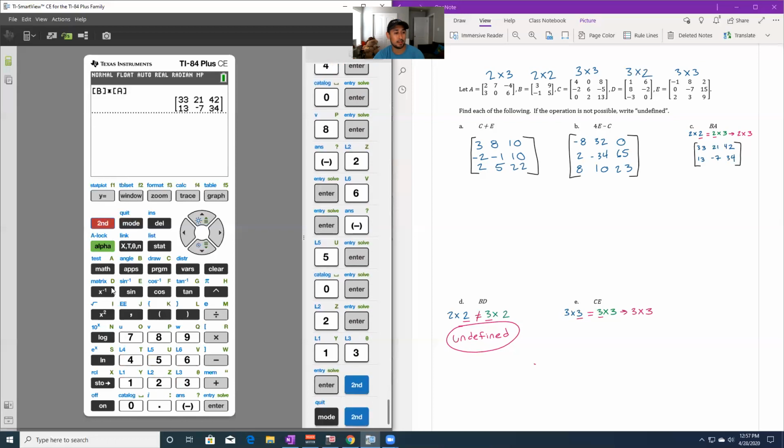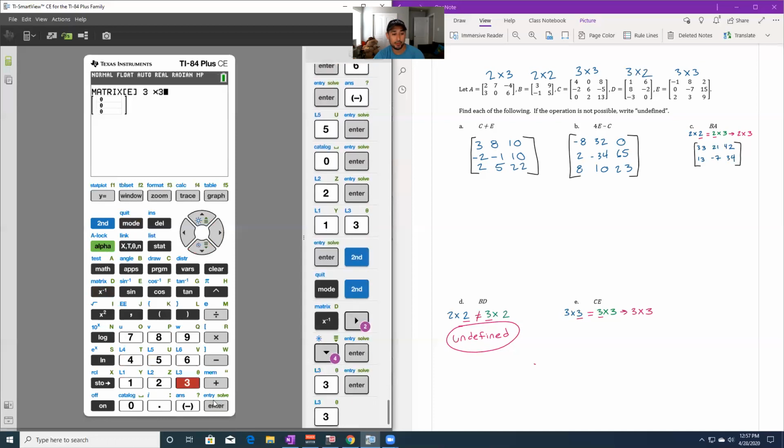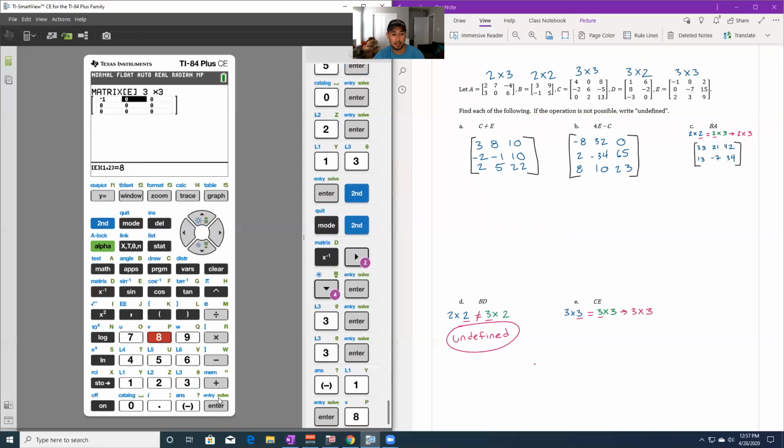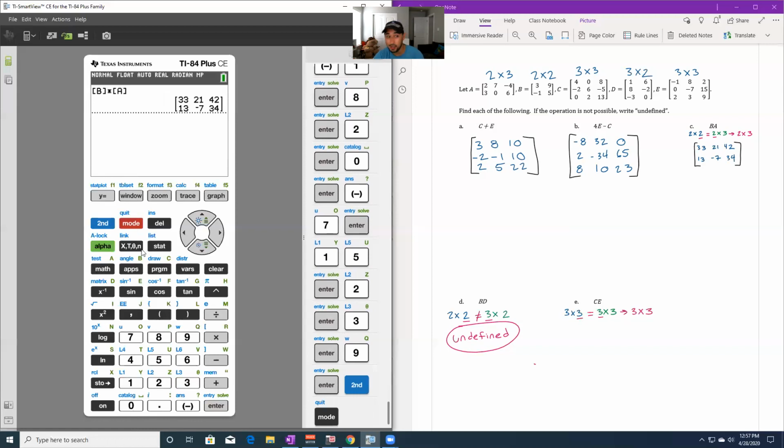Second quit, second matrix. And I'm going to make this E, which is also 3 by 3, which is -1, 8, 2, 0, -7, 15, 2, 3, 9. Okay, we're ready to go.